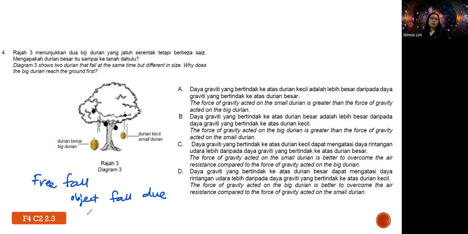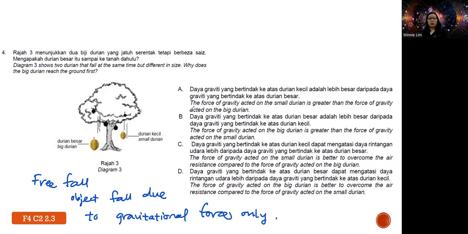Due to gravitational force only. By right, regardless of the mass, all objects are supposed to fall to the ground at the same time. Let's say this happens in where? In a vacuum, where there is no air resistance at all, right?